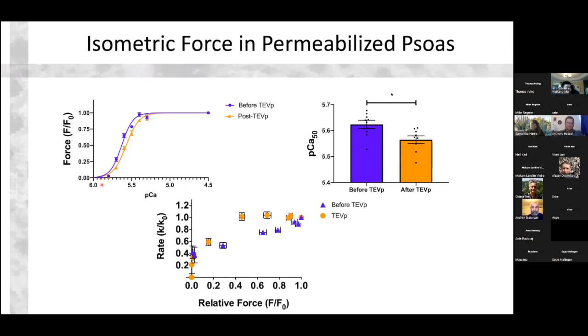On the other hand, what we have seen, and this was originally reported for the knockout mice, is that when you remove myosin binding protein C or the N-terminus, you get this large increase in ktr, the rates of activation, especially at mid-ranges of force. And again, this is really consistent.